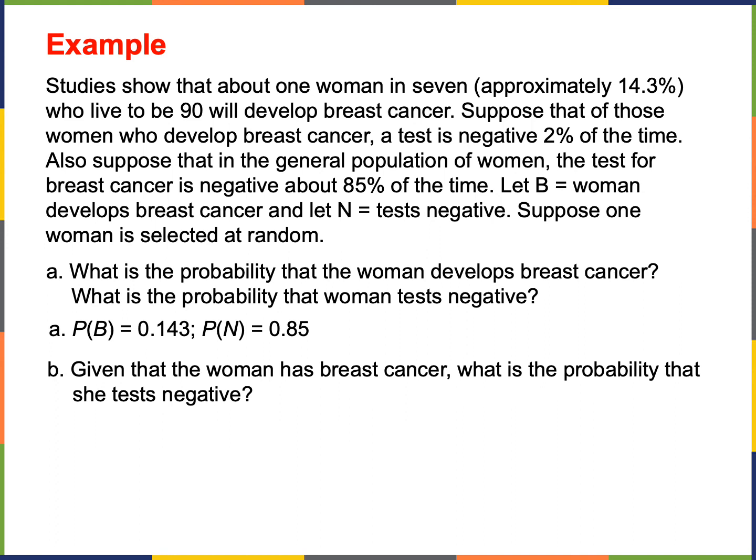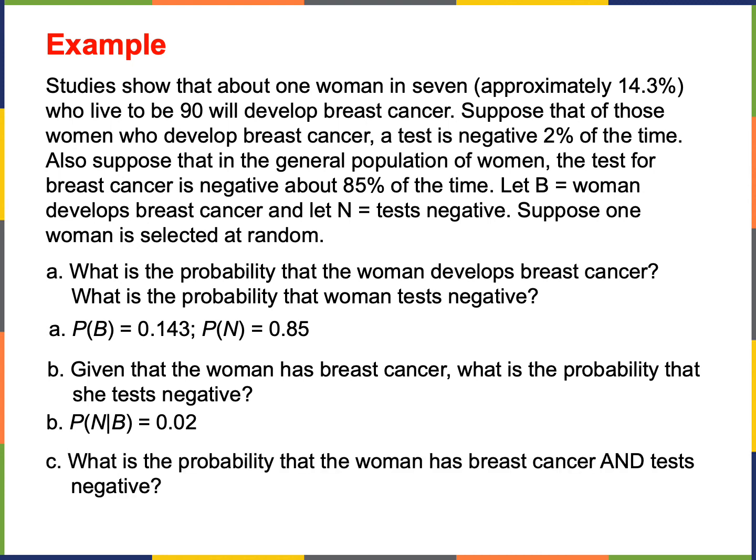They're asking, what is the probability that a woman tests negative for breast cancer given that she does have it? And that's N. If you said P of N given B, that's correct. And here it is, this sentence right here. Suppose of those women who develop breast cancer, the test is negative 2% of the time.